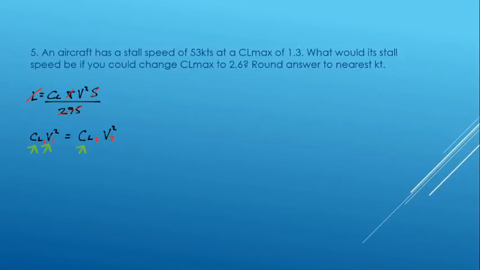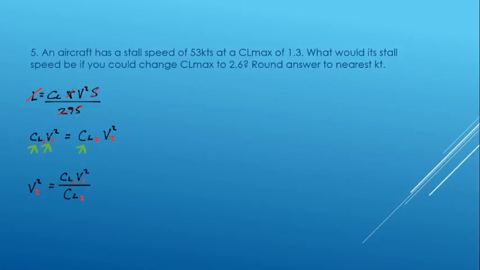What we need is coefficient of lift and velocity squared, and we're looking for a velocity. So we've got the first condition and the second condition. We solve that algebraically for our velocity. So velocity squared is equal to the coefficient of lift times velocity squared, both condition 1, divided by coefficient of lift condition 2.